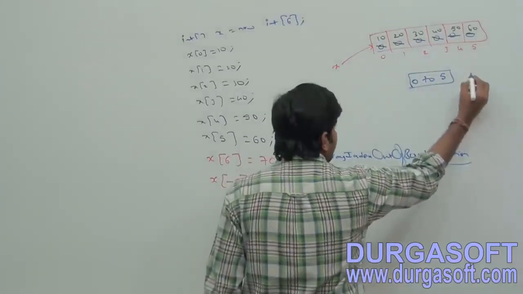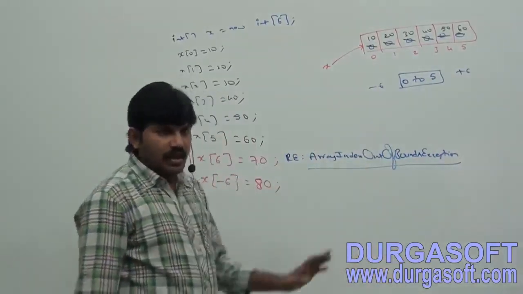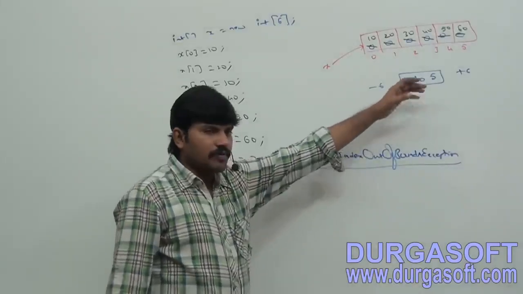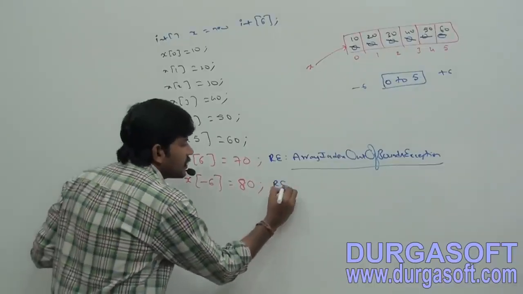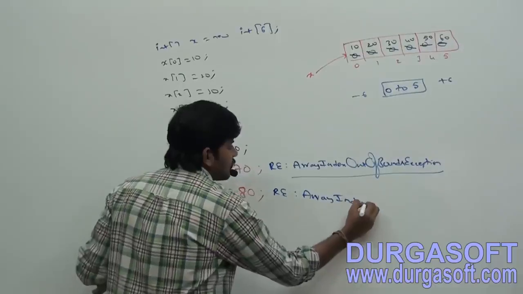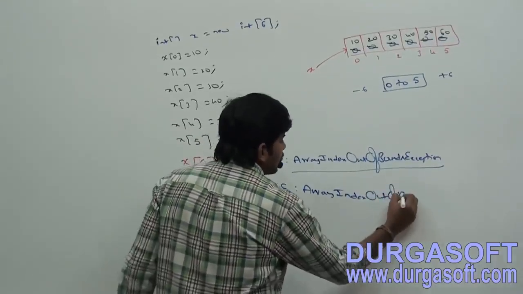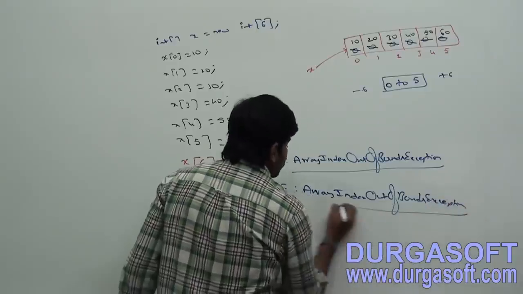Plus 6 means here. Minus 6 means here, out of range only. Actually the valid range is 0 to 5, either plus 6 or minus 6, out of range. That's why the same exception, array index out of bounds exception, we are going to get.